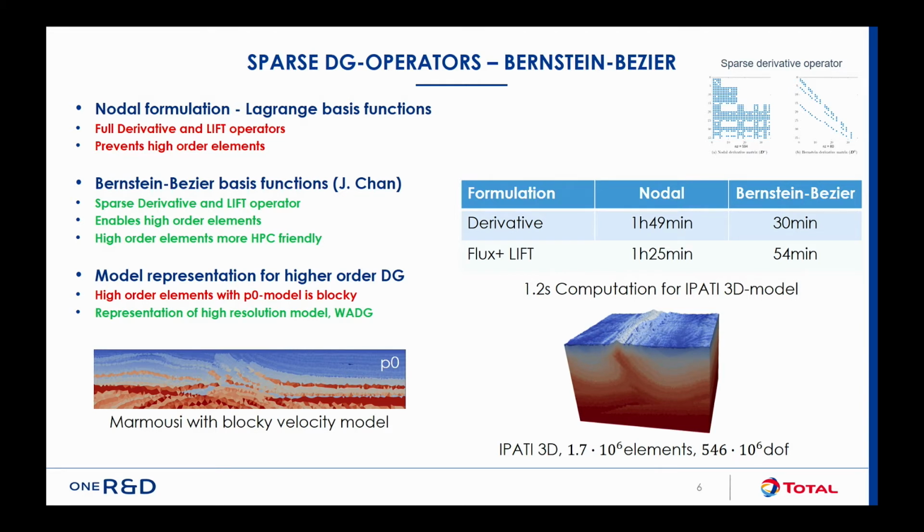If you look at the sparsity pattern of a derivative matrix, but if you use Bernstein-Bezier, you have a much better sparsity pattern. So Bernstein-Bezier has sparse derivatives and enables higher order elements.